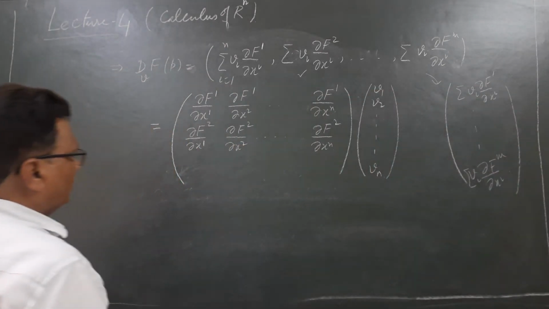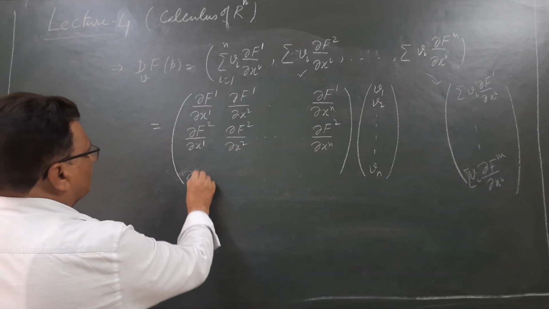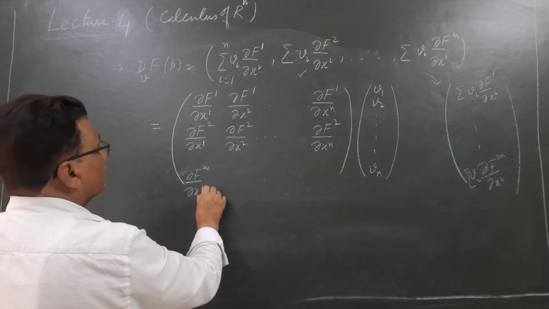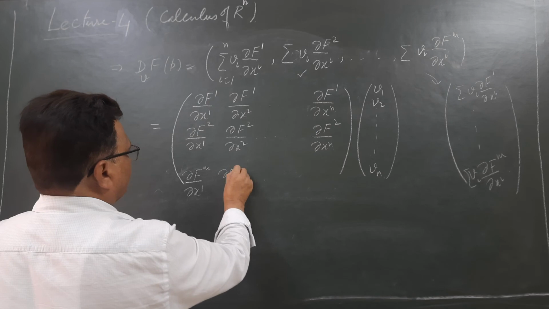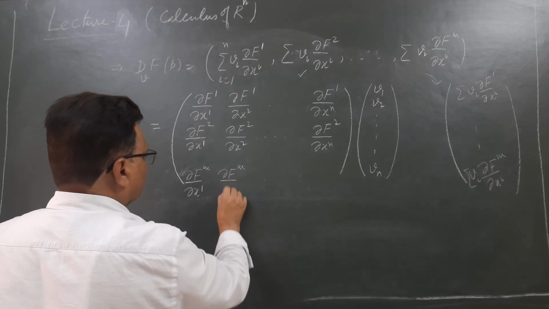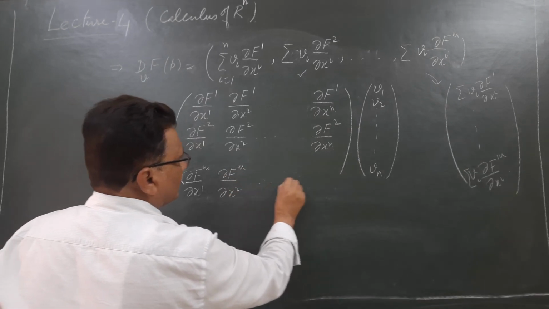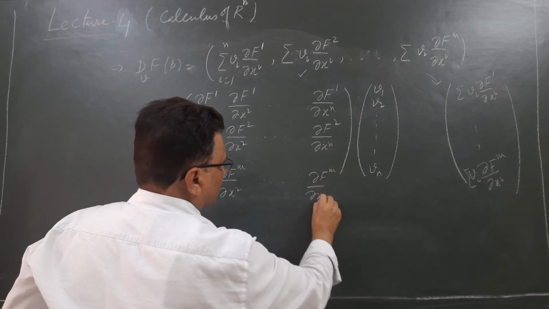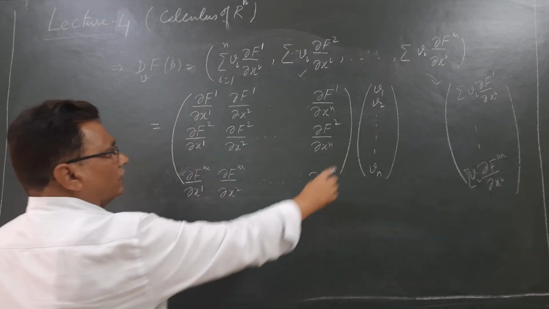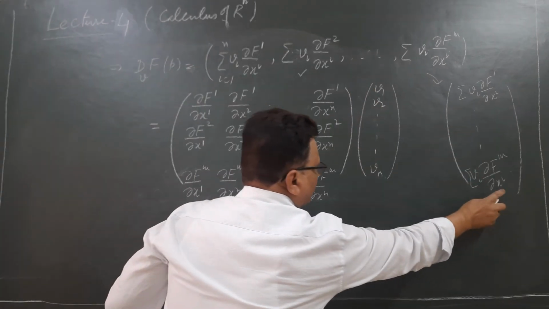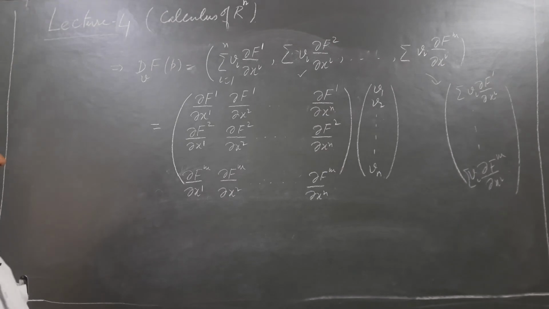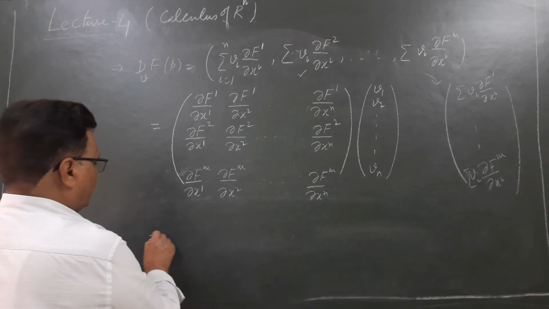Now I will recall, the last row will be del fm upon del x1, del fm upon del x2, del fm upon del xn. So the product of this row with this column vector will be this entry. Okay. So now I am going to finish this.